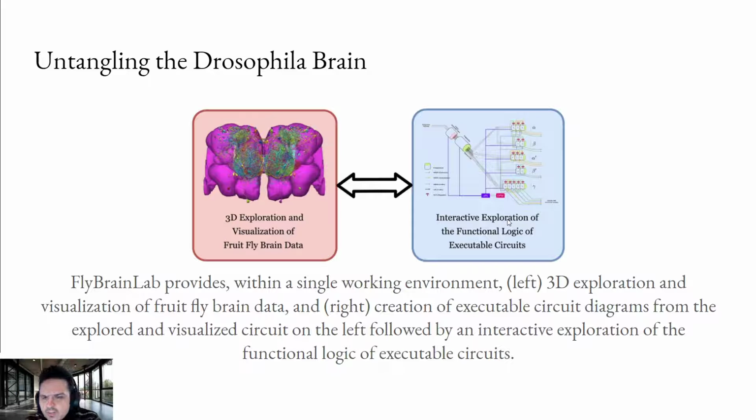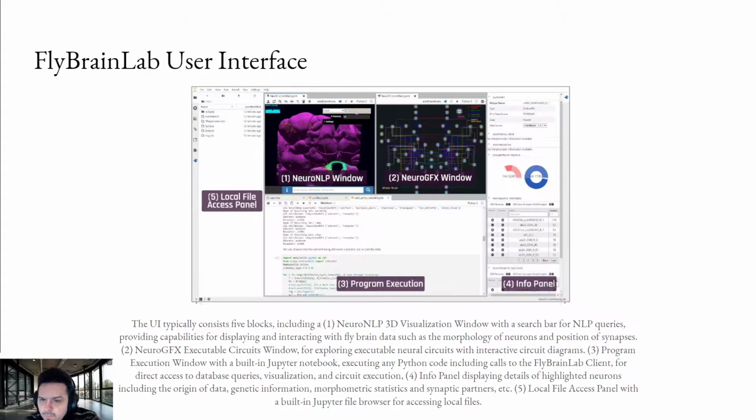FlyBrainLab, within a single working environment, provides 3D exploration and visualization capabilities for FlyBrain data and a means for creation of executable circuit diagrams from the explored data, as well as an interactive exploration of the functional logic of these executable circuits. FlyBrainLab user interface enables us to explore the connectivity of neurons and synapses, visualize the circuit diagrams that are automatically generated or drawn by hand, and use a notebook for program or subroutine execution.